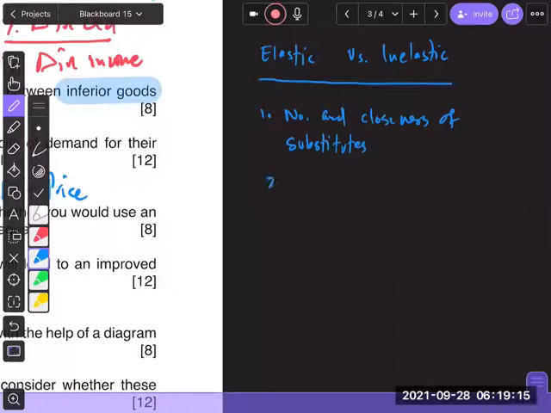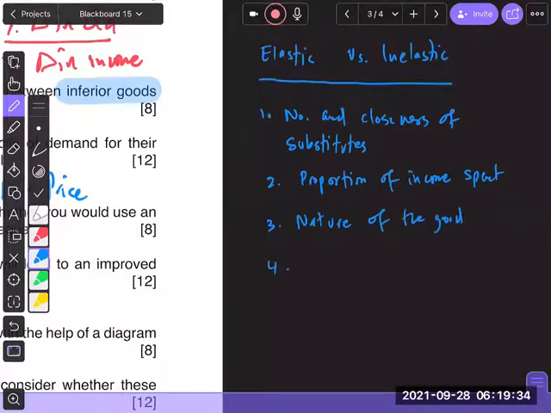Number two is proportion of income spent. Number three is nature of good. Very good, nature of the good. Number four is time period under consideration.